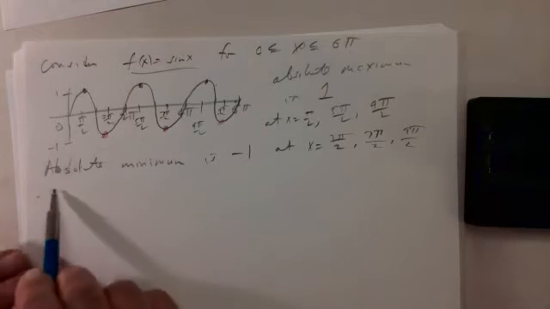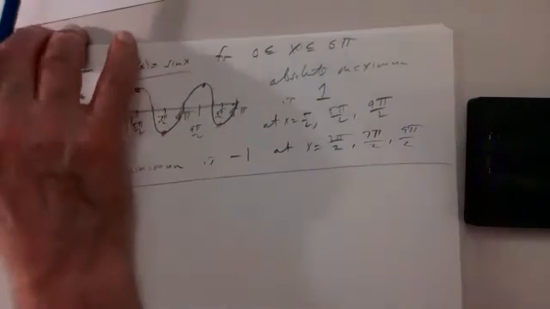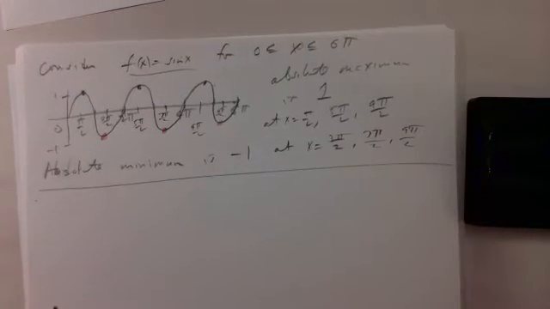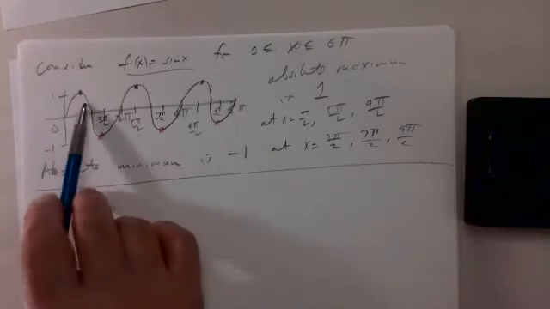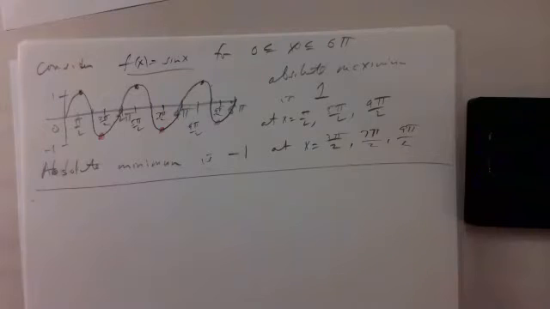Now, what can we say about the relative maximum? Professor, I have a question. Yeah, go ahead. So the absolute maximum and minimum can be more than one, like in sine and cosine? Well, it's exactly what you see here. There's one absolute maximum.